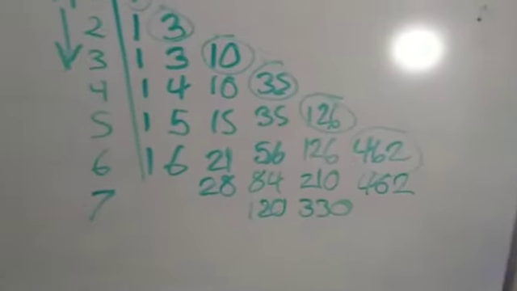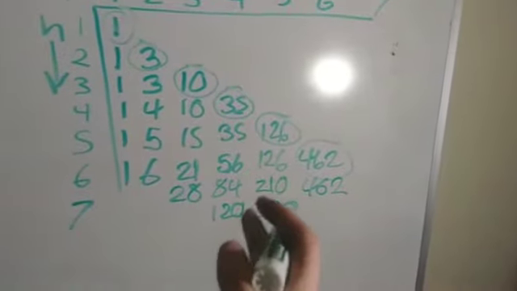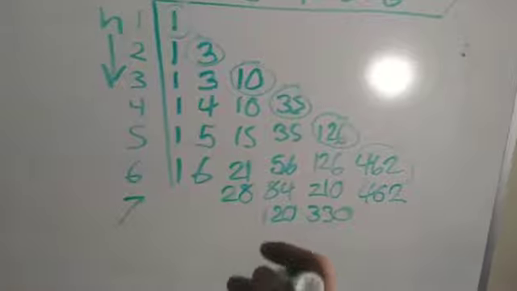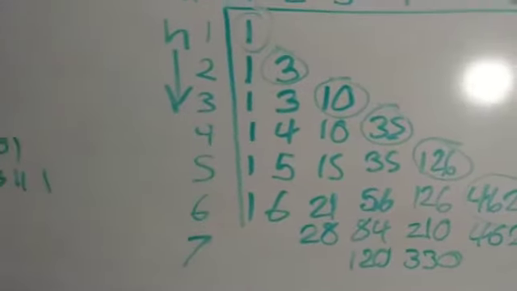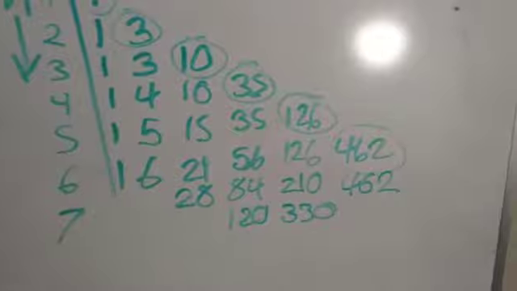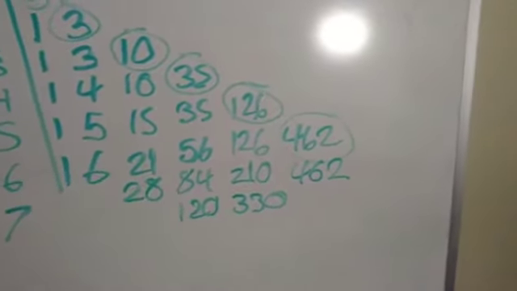But see, all this right here is Pascal's triangle. It's Pascal's triangle in a different orientation. It's kind of difficult to explain exactly how that works. But anyway, let's keep continuing to fill this in.